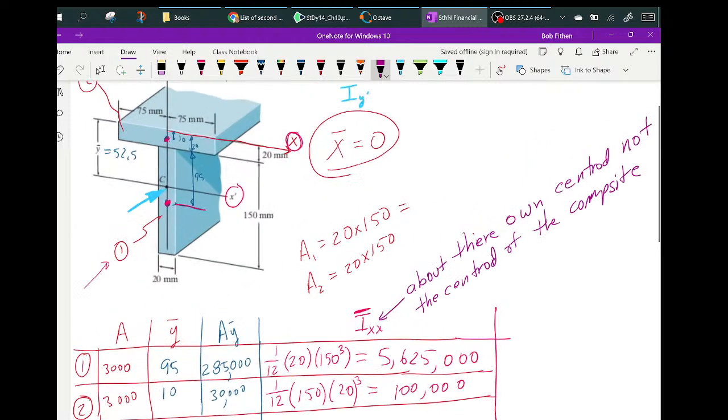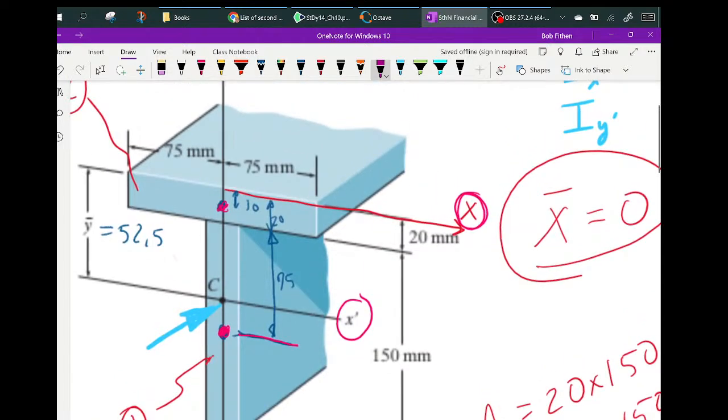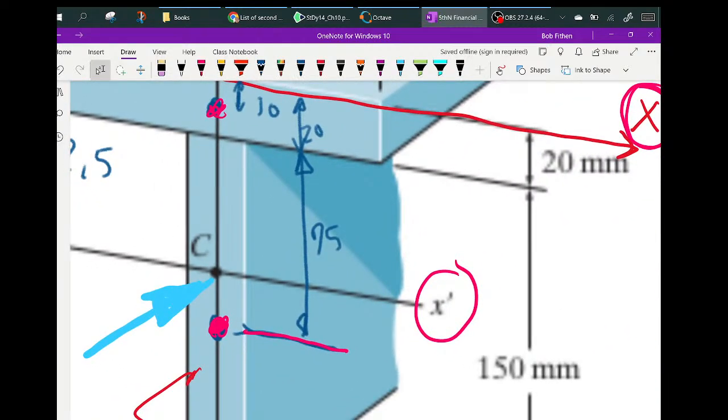Now, why did I make these little dots here red? Because I need to move now to the centroid and to the centroid.